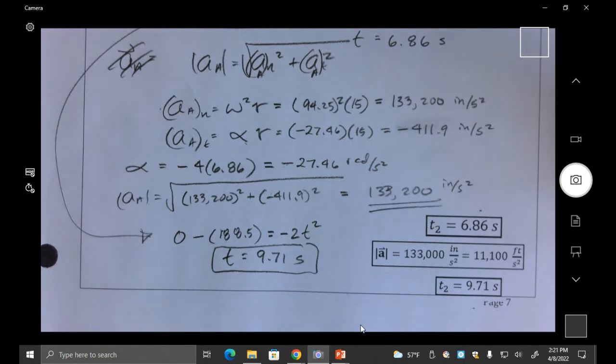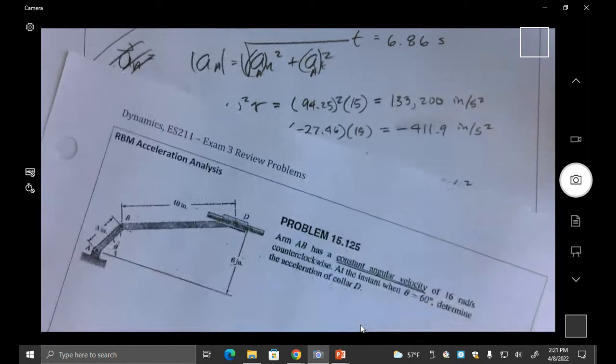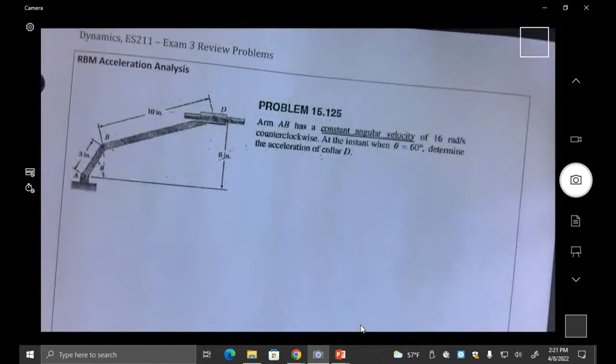Can we do the last problem? The last problem. Acceleration analysis? Is it the one that looks like that? All right. I seem to recall my having written that out in my own hand not long ago. So let me see. I prefer the way that I write it.